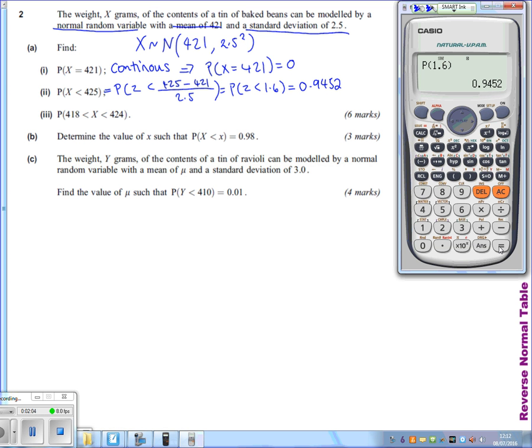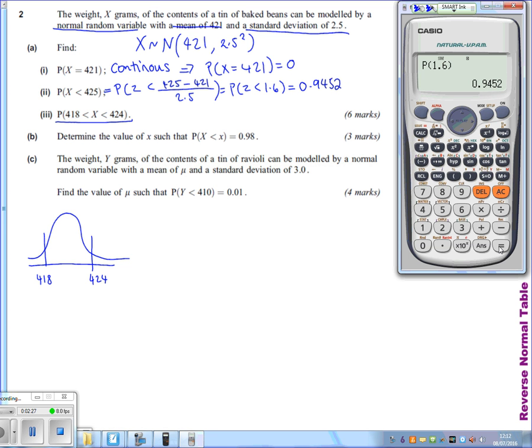Part 3, I want the probability being between two values. So what's the probability x is between 418 and 424? So I'm going to draw a little normal distribution down here. I'm going to imagine that's symmetrical. So I've got 418 here, and I've got 424 there.